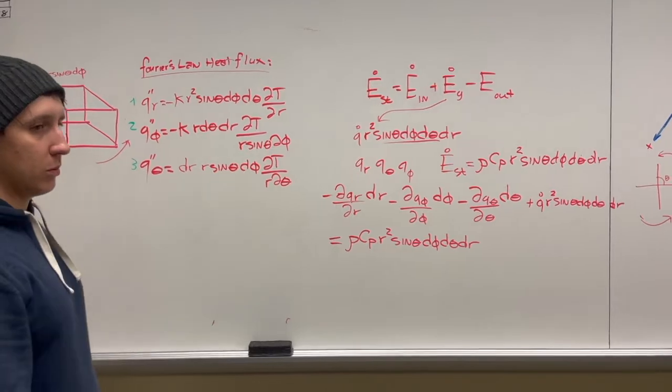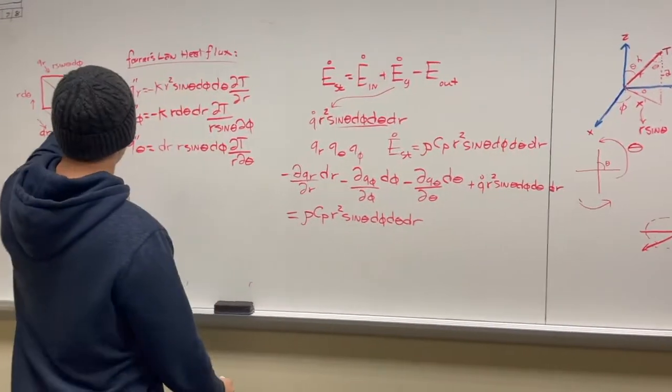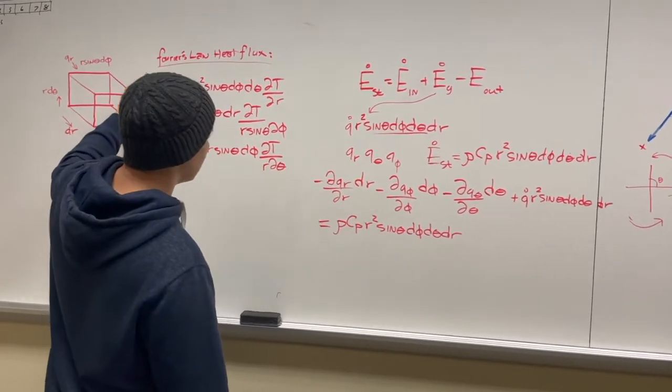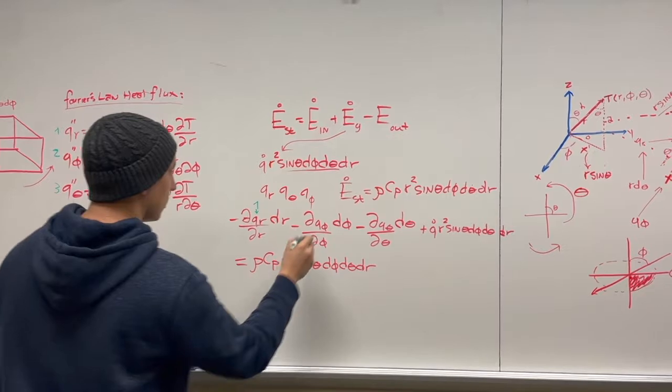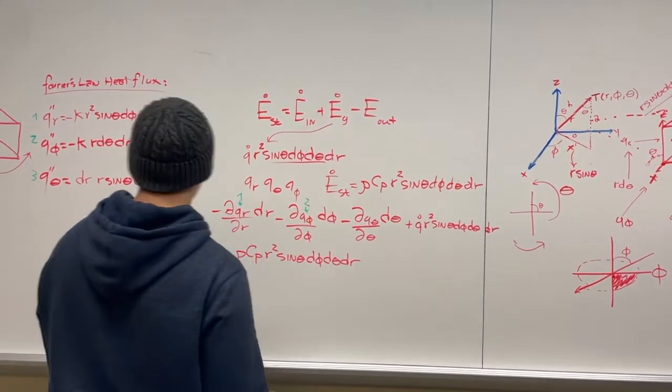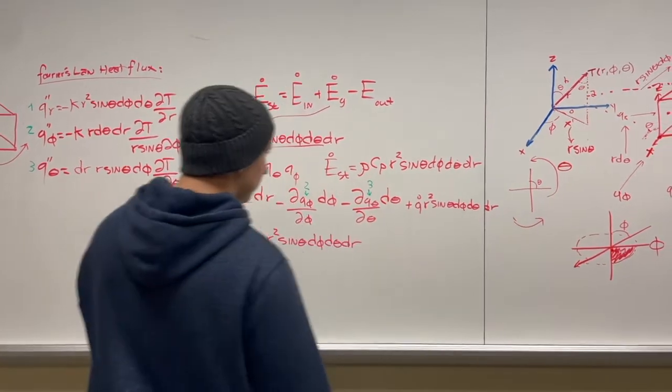I'm going to do something similar to what I did with the rectangular coordinate system. You're going to take what Q r is equal to and plug it in. So 1 will go here, 2 will go here, and 3 will also go right here.